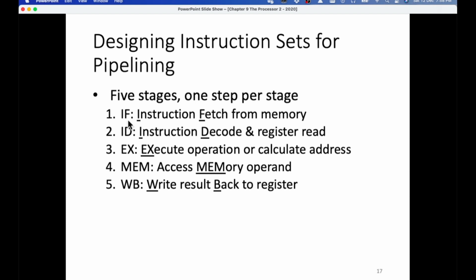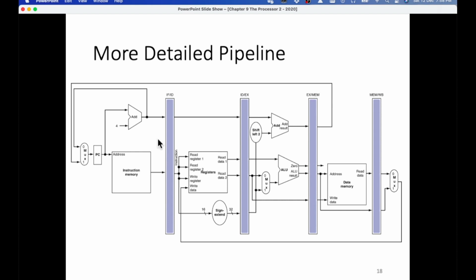Based on the abbreviations IF, ID, EX, MEM, and WB, we can name the registers based on the abbreviation. This register keeps the information for IF and ID, where IF is instruction fetch and ID is register read and decoding. Then we have ID/EX for execution, and then EX/MEM and MEM/WB. So we have this extra component, the extra registers, to keep the information between stages.